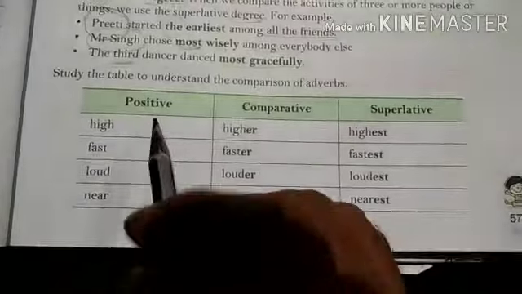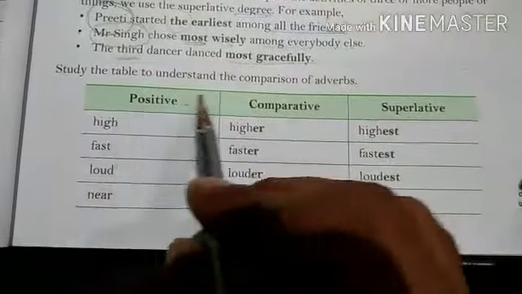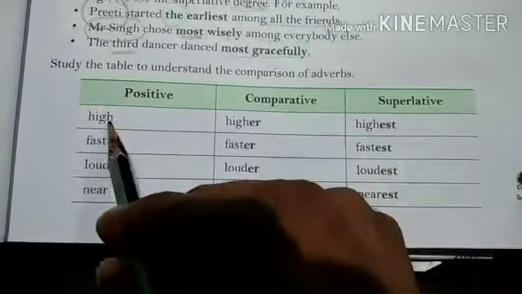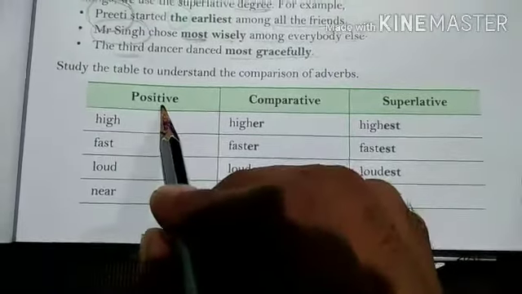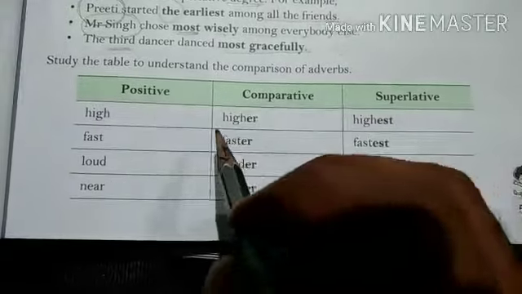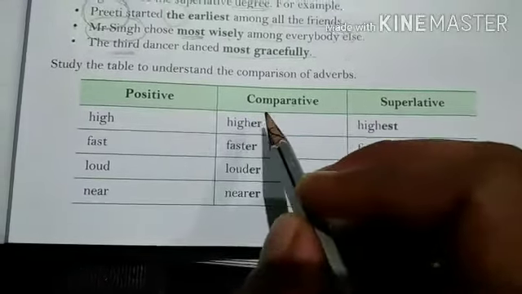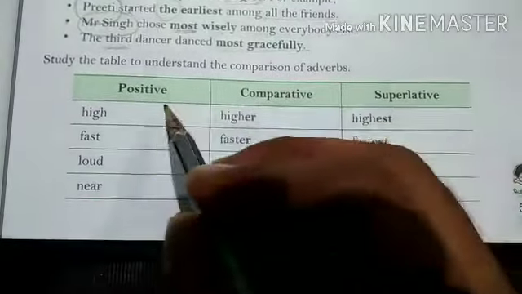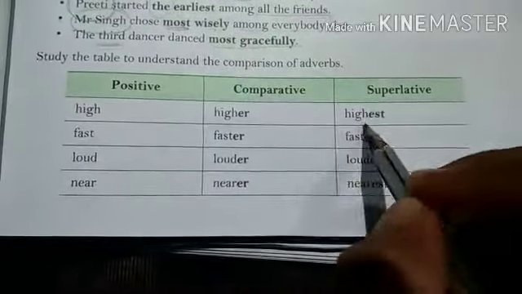Now see here, study the table to understand the comparison of adverb. See here, positive degree, comparative degree and superlative degree. How adverbs are transformed from positive to comparative and comparative to superlative.